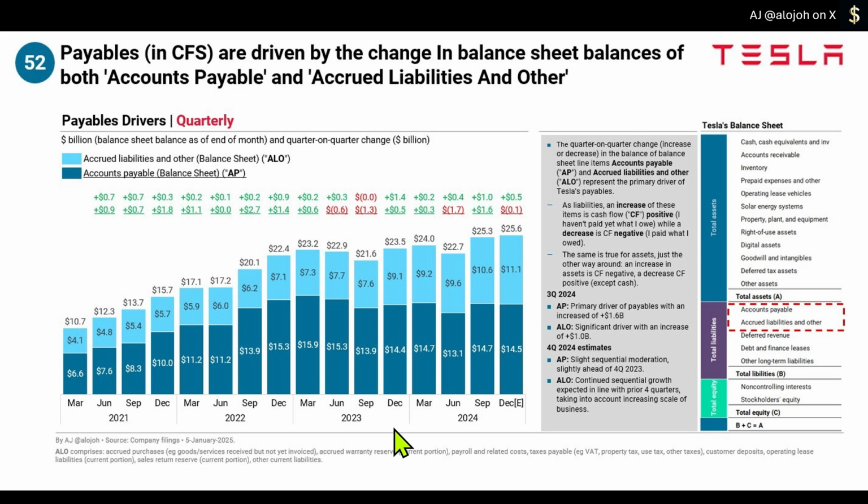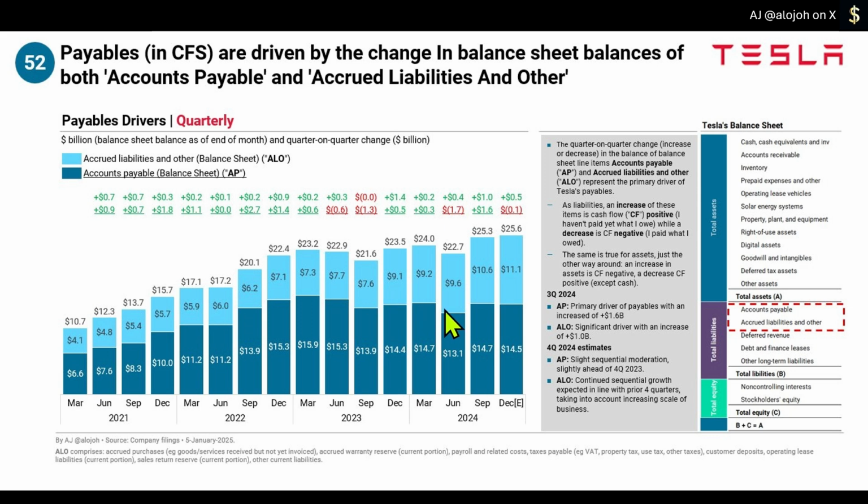And if you think about Tesla's significantly scaling fleet that we looked at earlier, and the significantly scaling energy business, there's obviously significant growth of the warranty reserve. And of course, as this warranty reserve grows, each quarter some growing piece becomes current, and this also drives this item significantly.